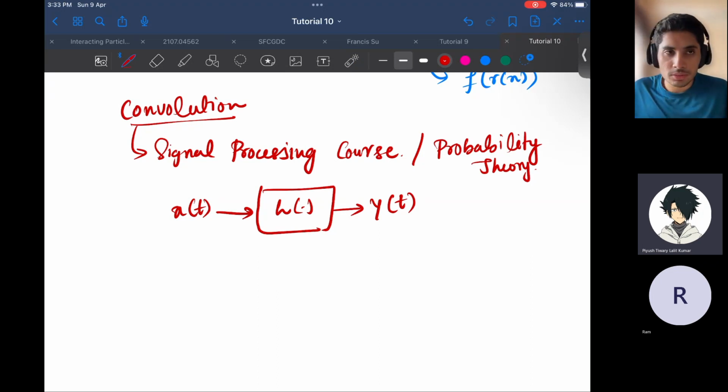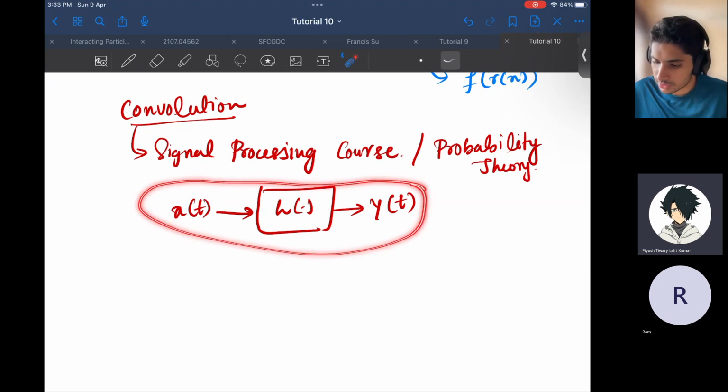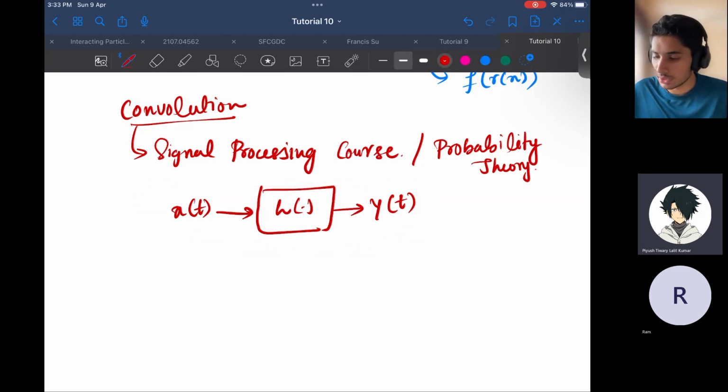So I was saying that the first time I was introduced to convolution was in a signal processing course, and I was told that if h is your, if I remember correctly, there was something called transfer function, and a time equivalent of transfer function.